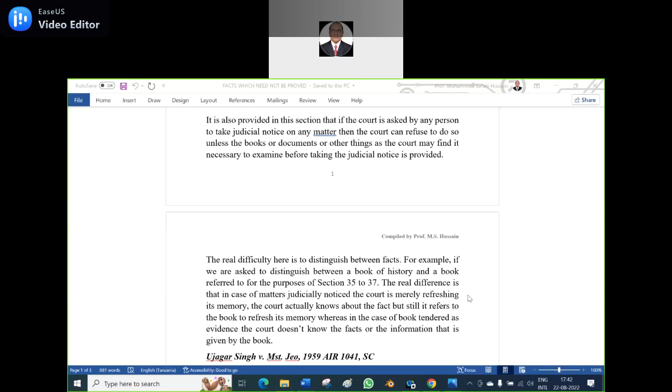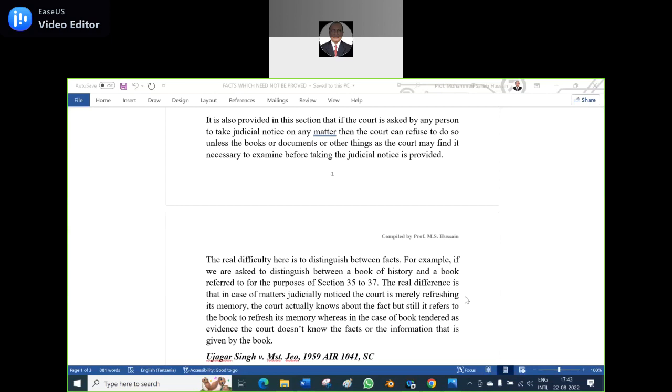The court actually knows about the fact, but still it refers to the book to refresh its memory, whereas in the case of a book tendered as evidence, the court does not know the facts or the information that is given by the book. So that is the distinction which is made, how a court will take the judicial notice of it.